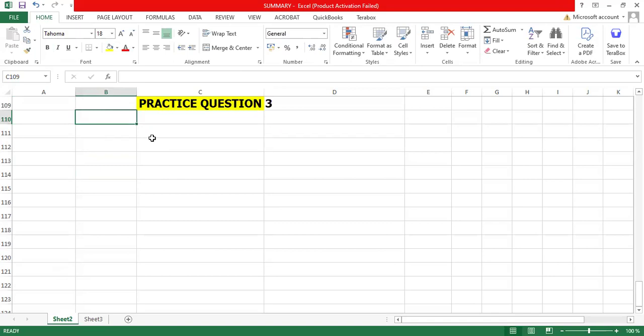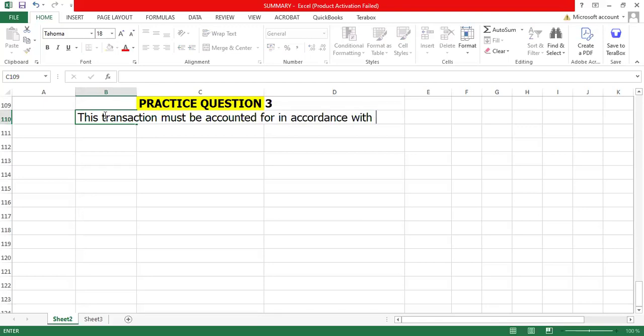Here we are going to just say this transaction must be accounted for in accordance with IFRS 9, that is financial instruments.